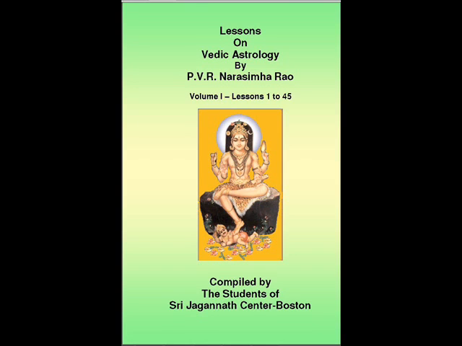Shani never likes going backward. So whether it is odd-footed or even-footed, whether the ninth from it is odd-footed or even-footed. If you remember earlier, I told you that whether you go forward or backward depends on whether the ninth from Lagna is odd-footed or even-footed, right?